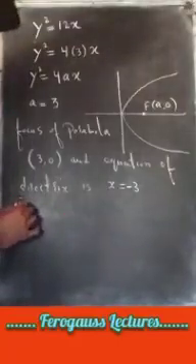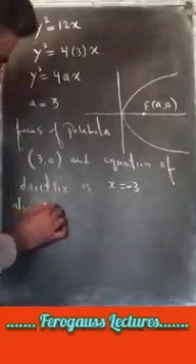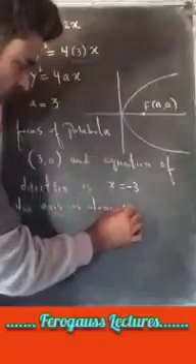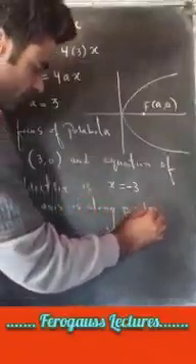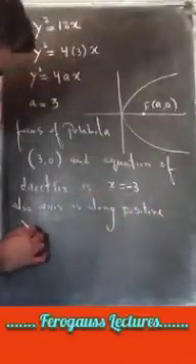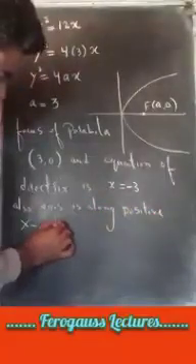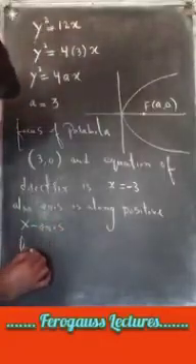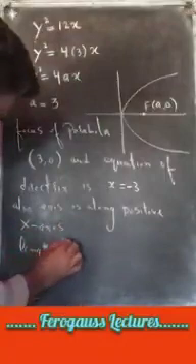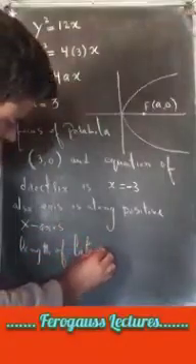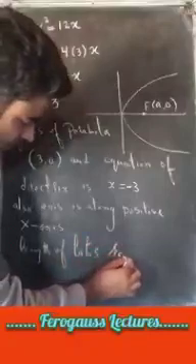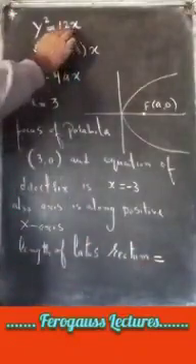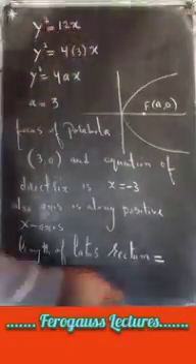and also axis is along positive x-axis, and length of latus rectum is equal to the absolute value of the coefficient of x, that's 12.